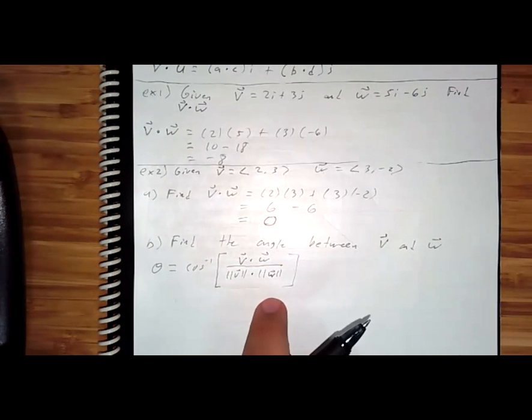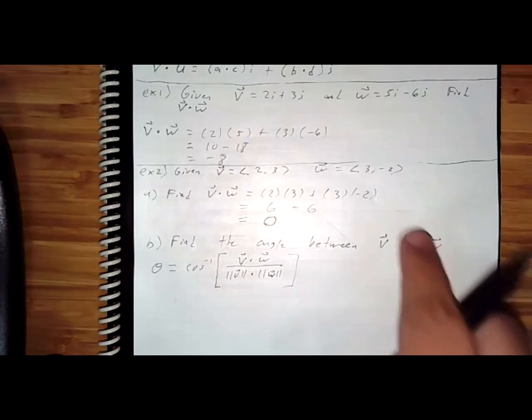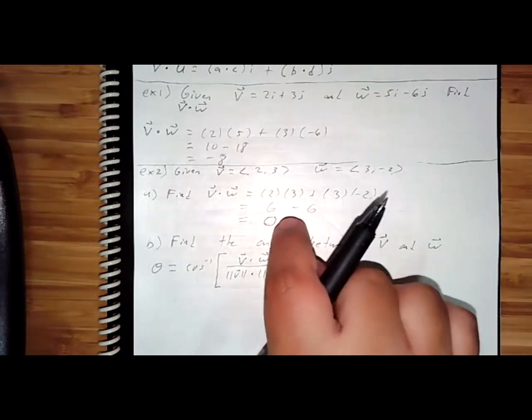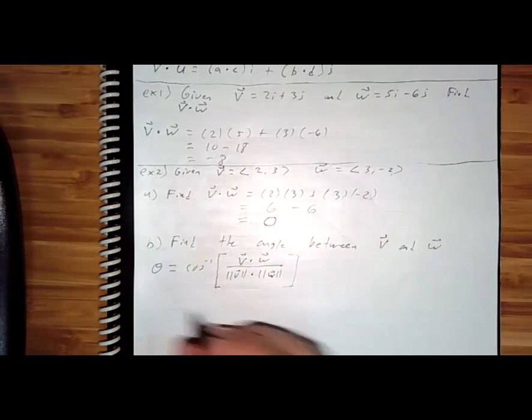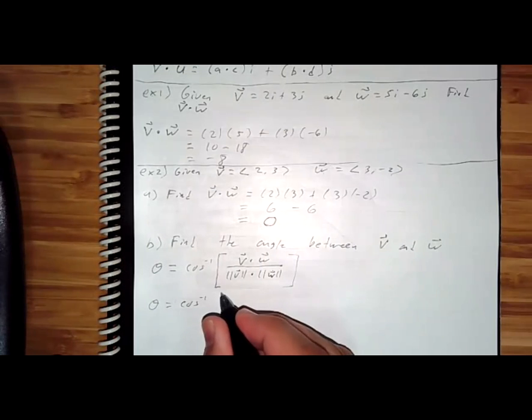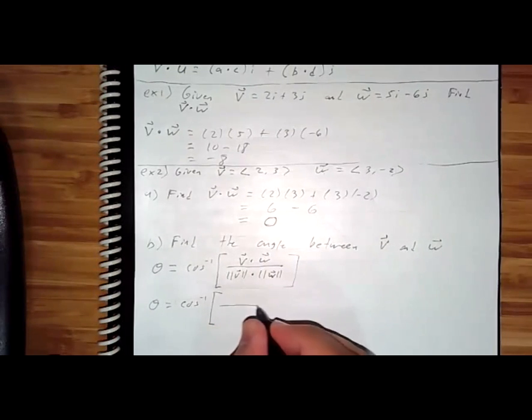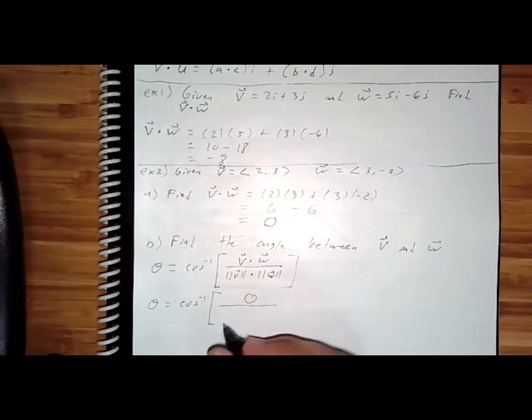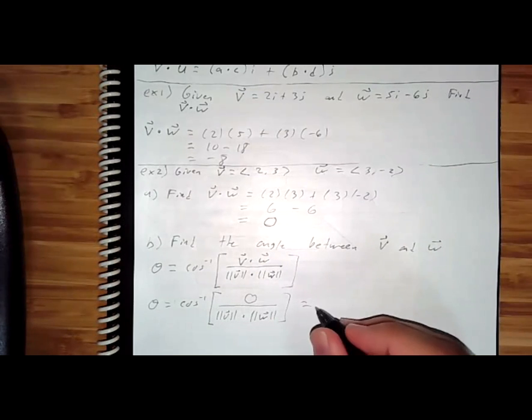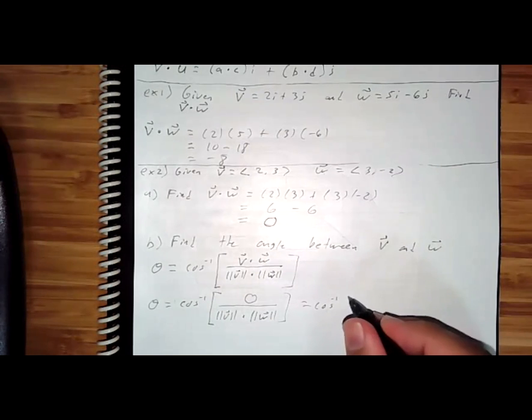So use this formula to find the angle between two vectors. But notice how our dot product is 0. So that means that this top part will be 0. So it doesn't matter what's down here. It's going to be 0 no matter what. So we can skip that step.